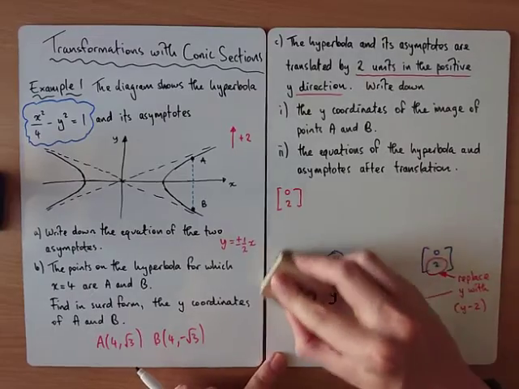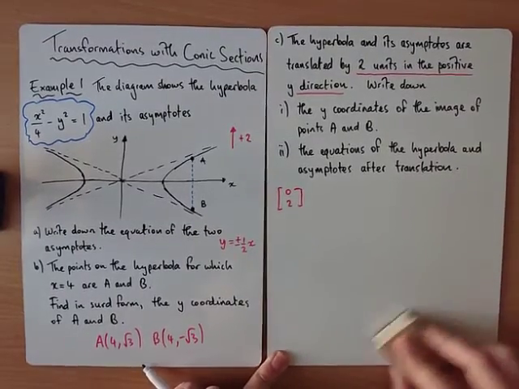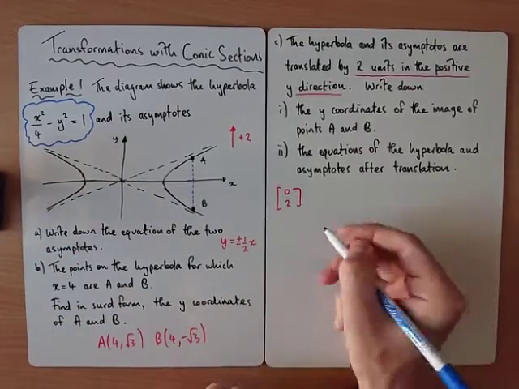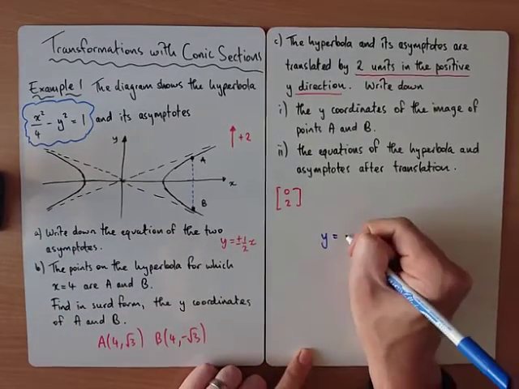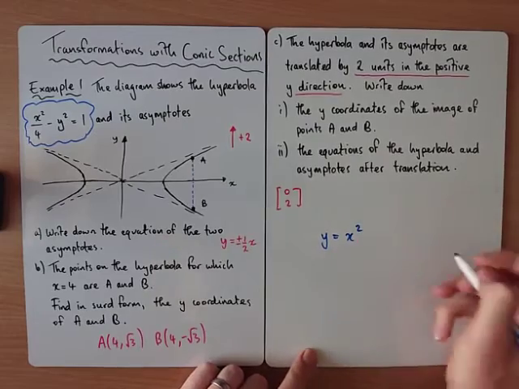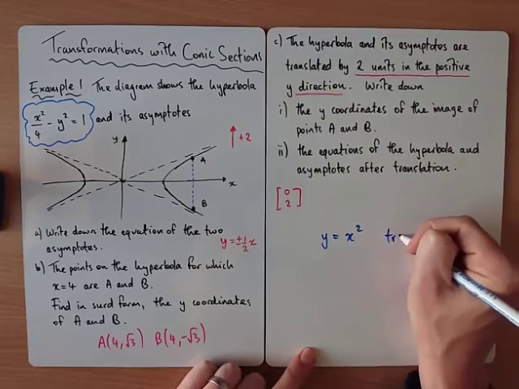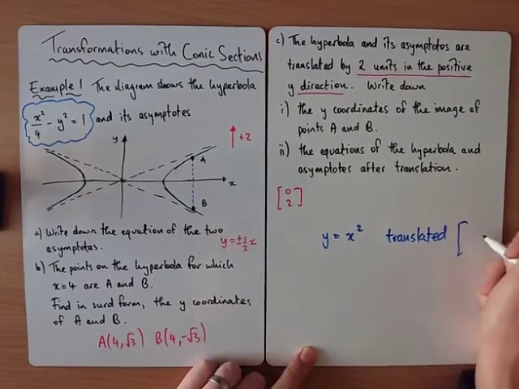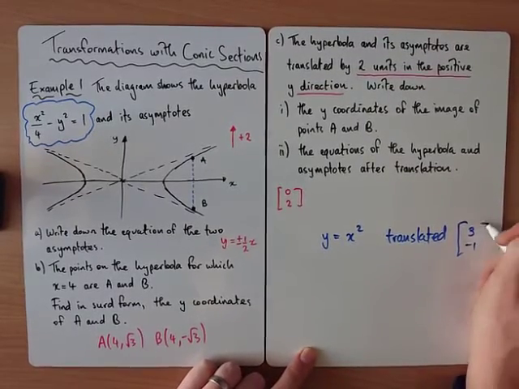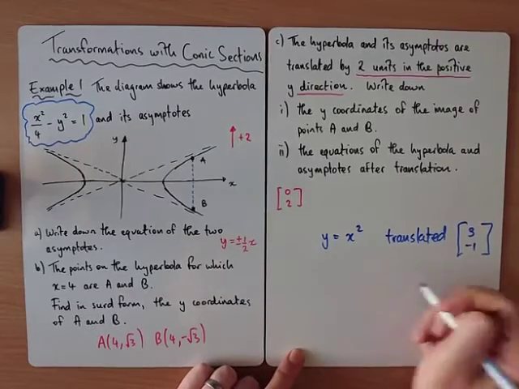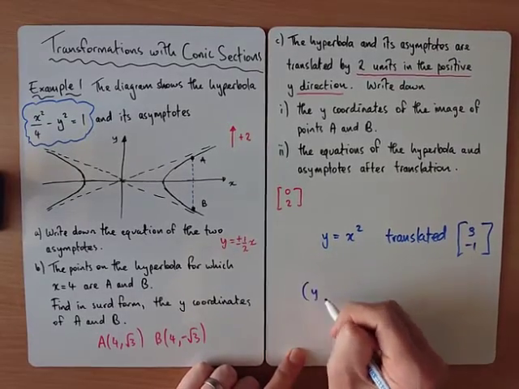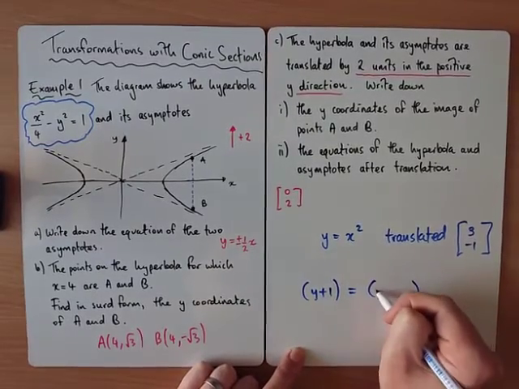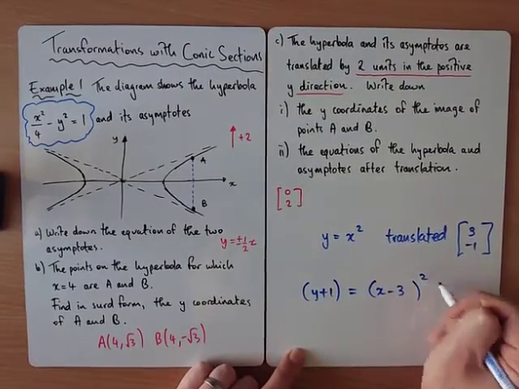Just like, let's do another one. If we were going from y equals x squared and we translated with the vector 3, minus 1, then what we should realise is we're replacing y with y plus 1, and we're replacing x with x minus 3 squared.